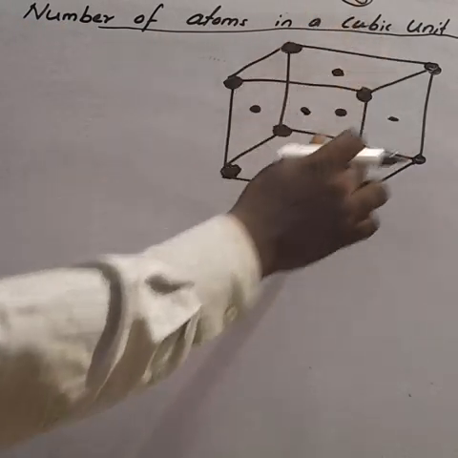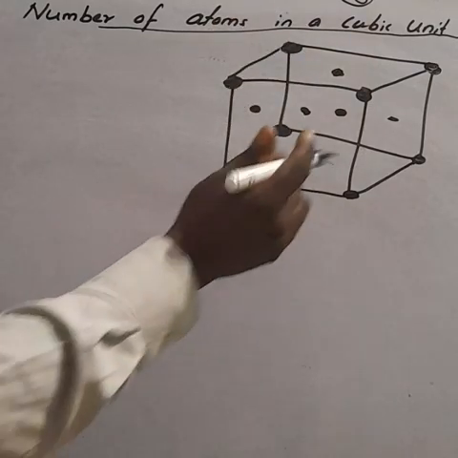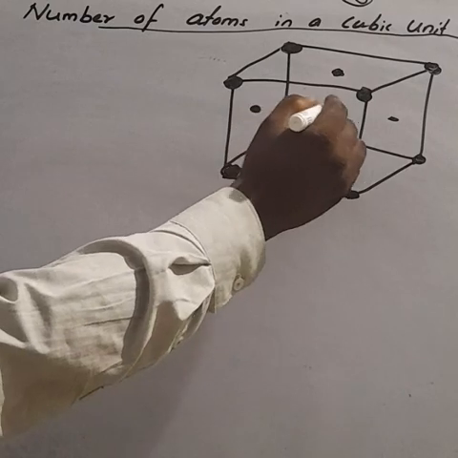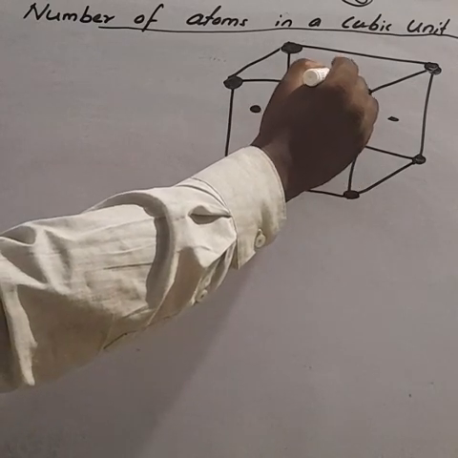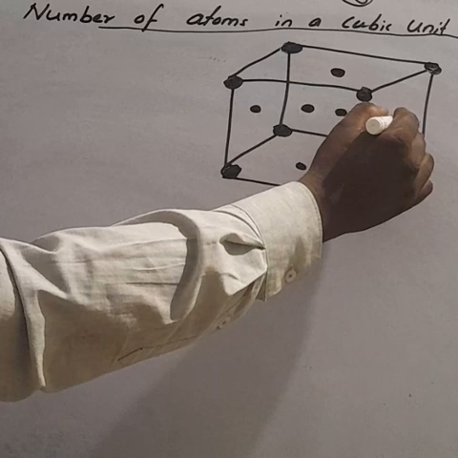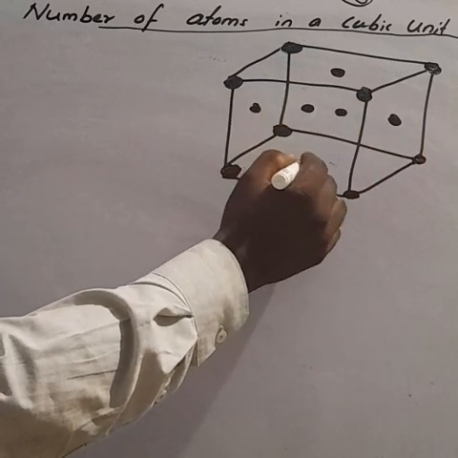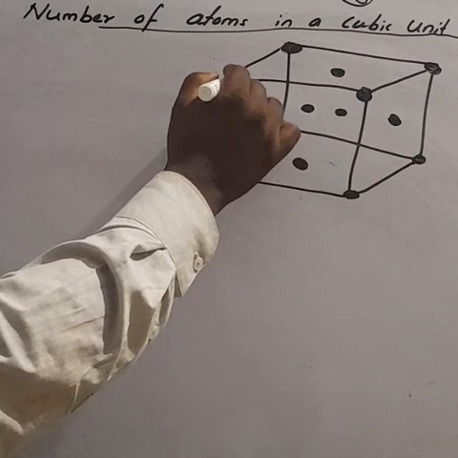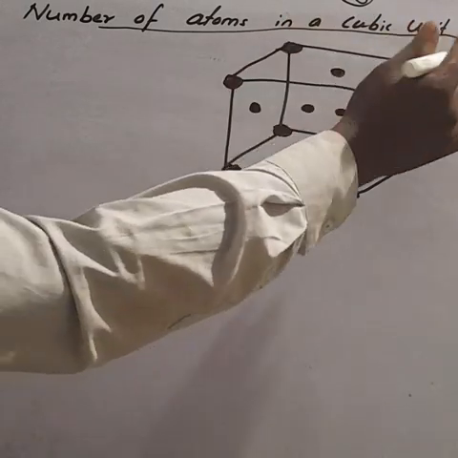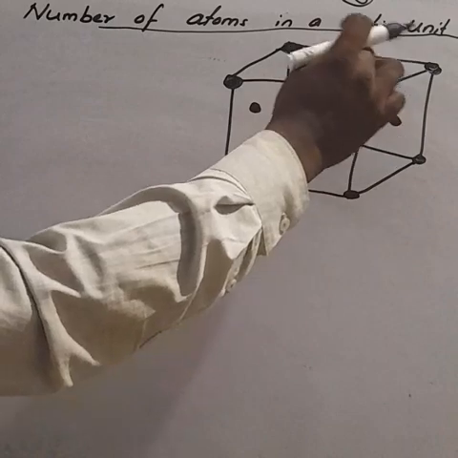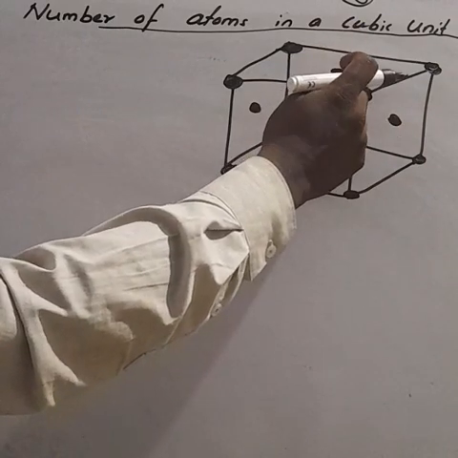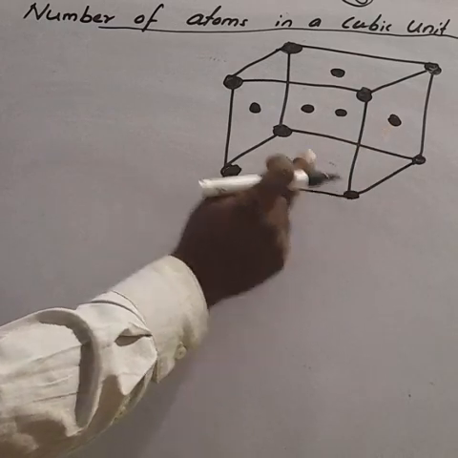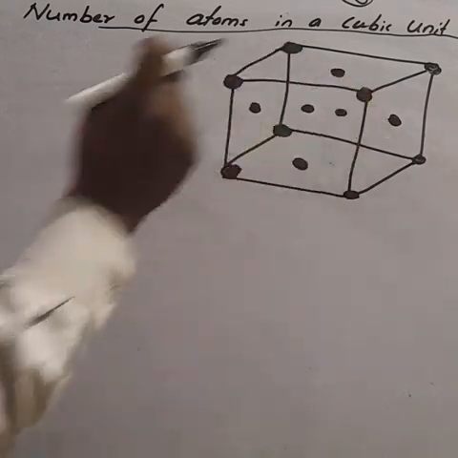Don't forget that. These are all the identical atoms lying at the corner. And at each corner, as well as the center of each face, one atom can be accommodated. Here also, front side and back side.